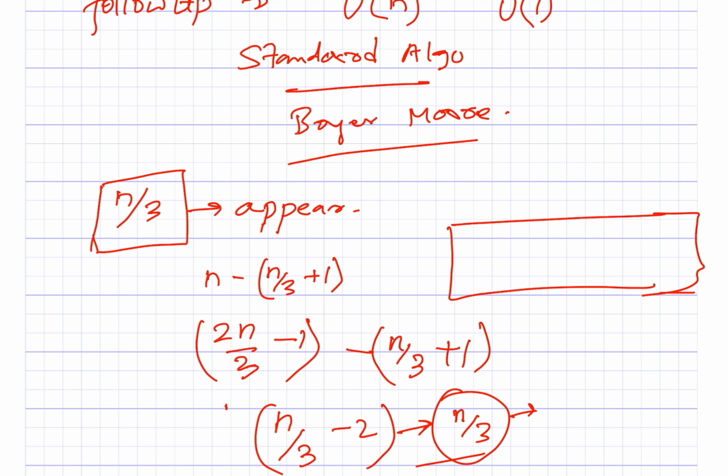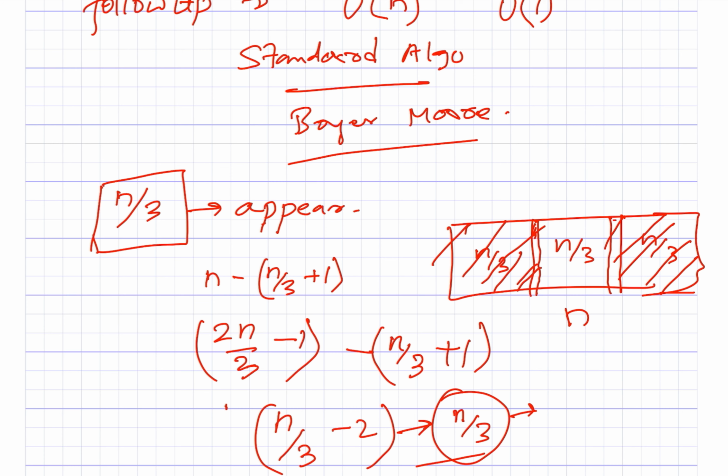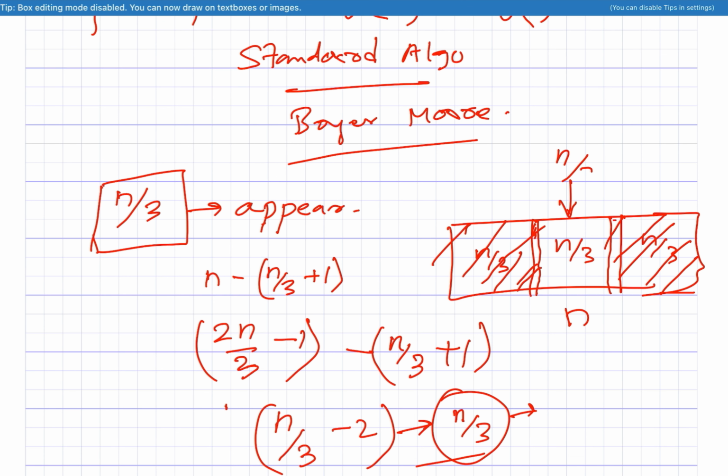This is our array of size n. We will divide it into 3 parts. Okay, this is n/3, this is n/3, this is n/3. If we take more than n/3 from this, and we take more than n/3 for this, then we will be left with obviously less than n/3.